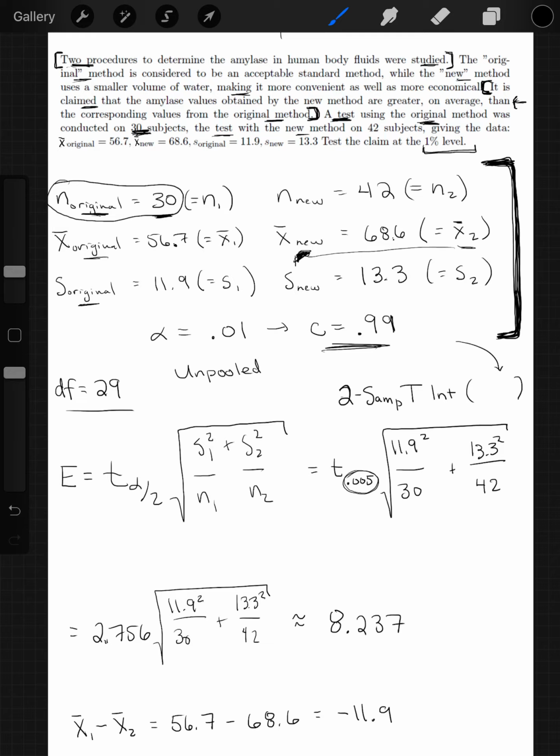You know not just that they're different, but how they're different. And over here, the test with the new method, so that's our second population, was on 42 subjects, so the size of the sample of the new was 42.